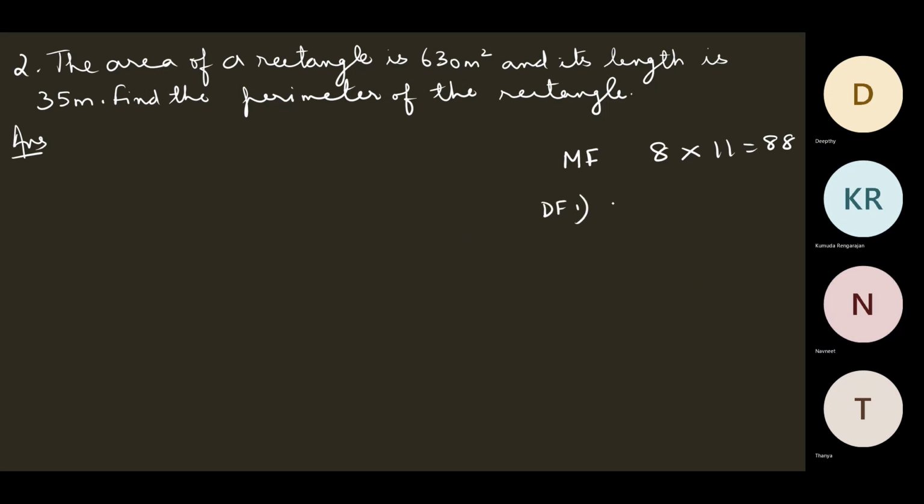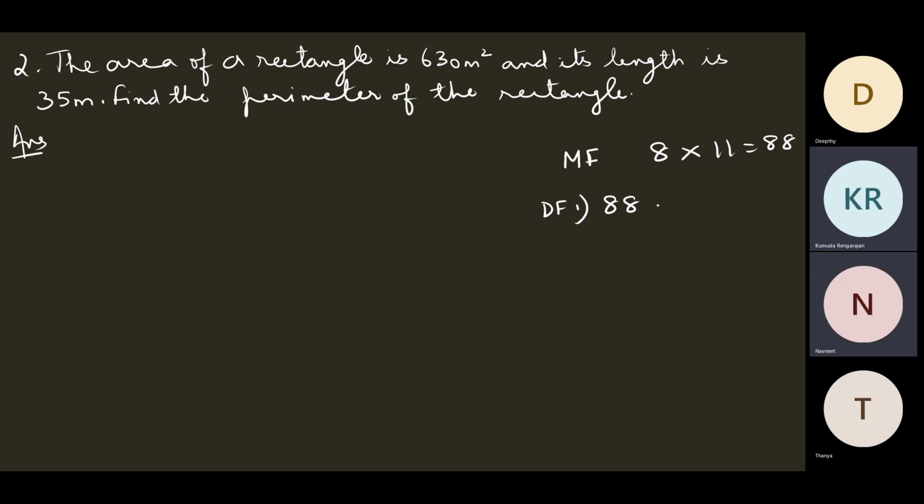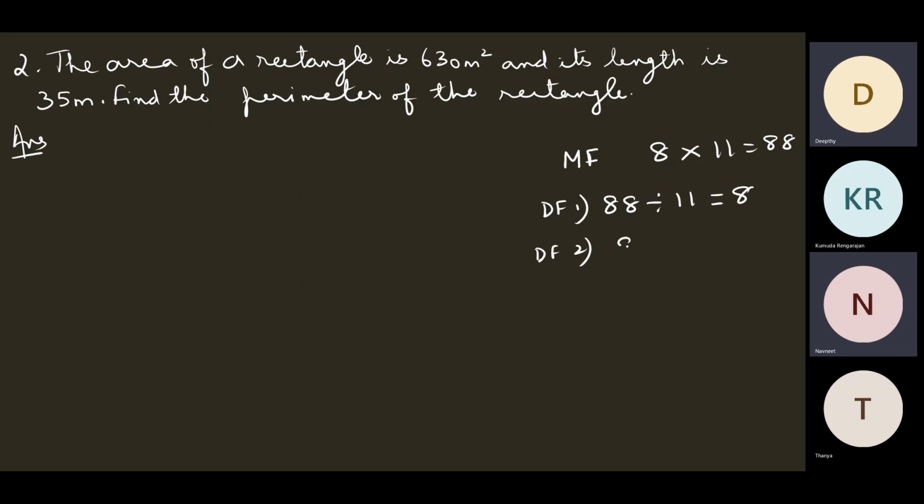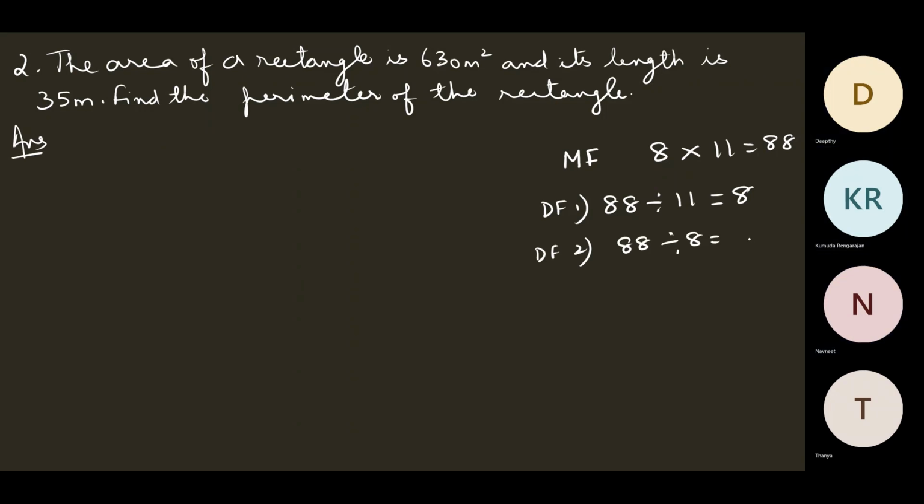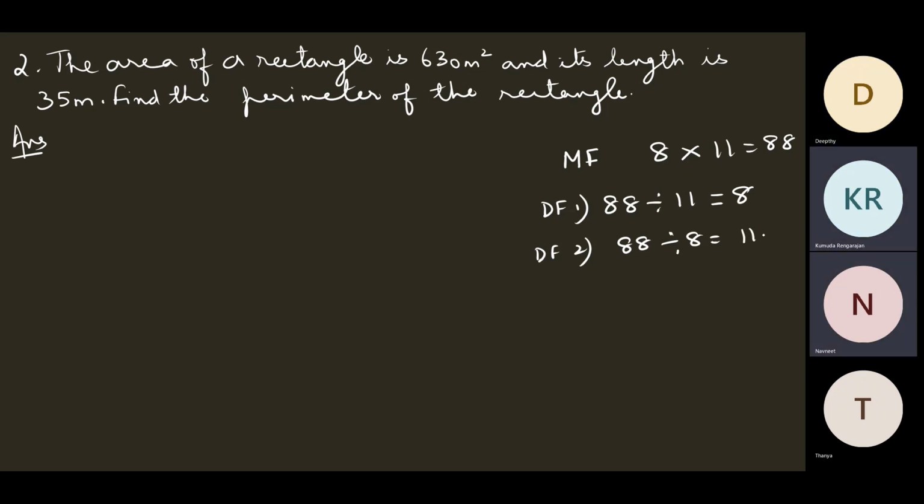Tanya, tell me. 88 divided by 11 is equal to 8. Another division fact? 88 divided by 8 is equal to 11. Very good. So these are the two division facts. Do we understand that? Yes, ma'am.